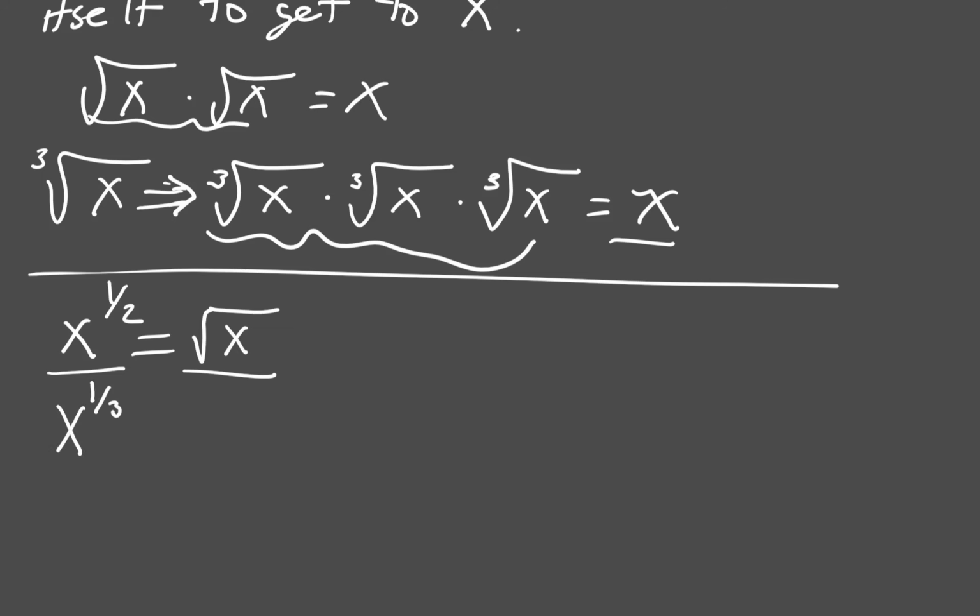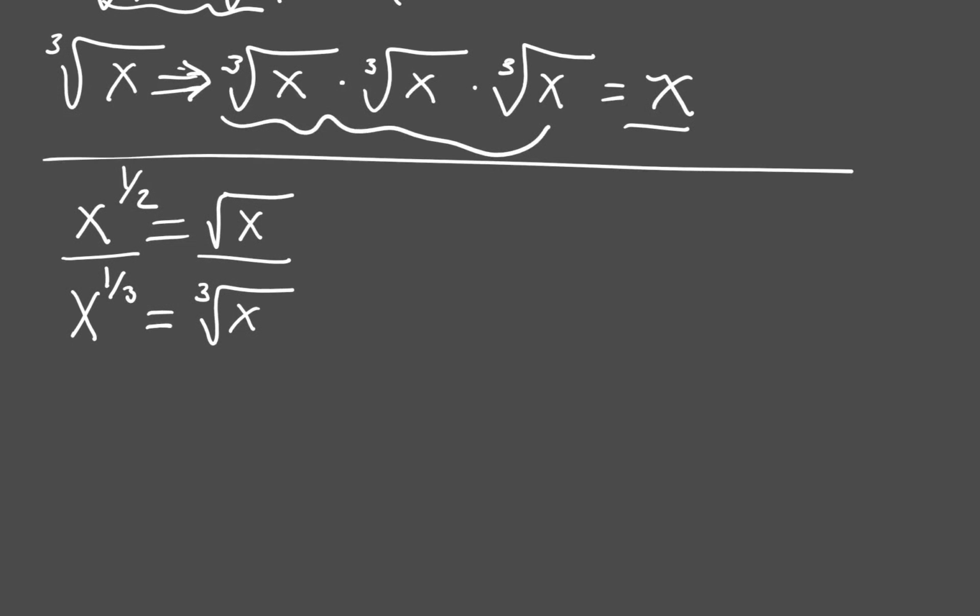X to the 1/3, that's the cube root of x, and so on. So x to the 1/5, that's the 5th root of x. I would need 5 of these multiplied together to give me 1 full x. I would need 5 of these together to get an exponent of 1 on the x.